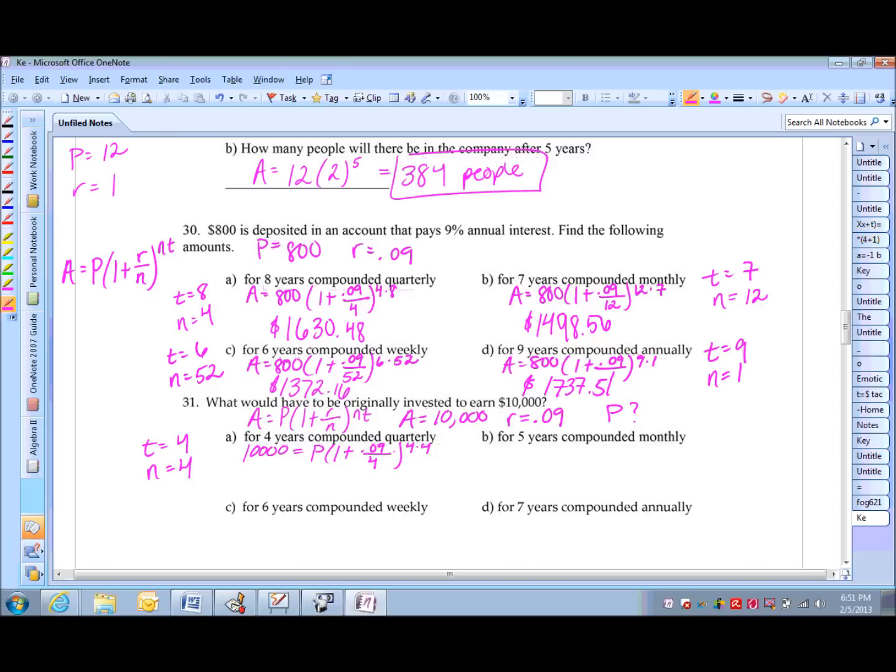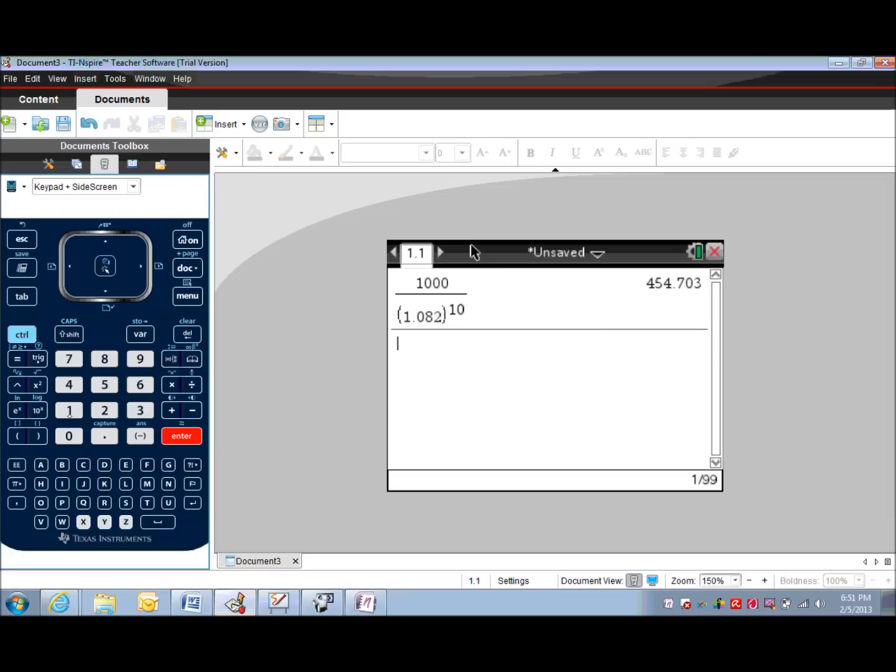And when you enter that in your calculator, you should enter it as 10,000 divided by 1 plus, and then to enter a fraction, you hit Control Divide, 0.09 over 4, raised, to enter an exponent, you enter this little caret next to the x squared button, the 4 times 4. And when you enter, you get your initial value as $7,004.66.